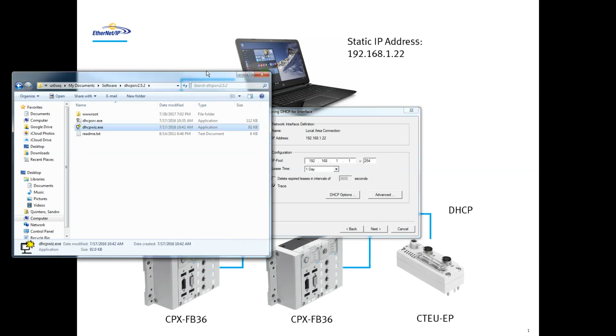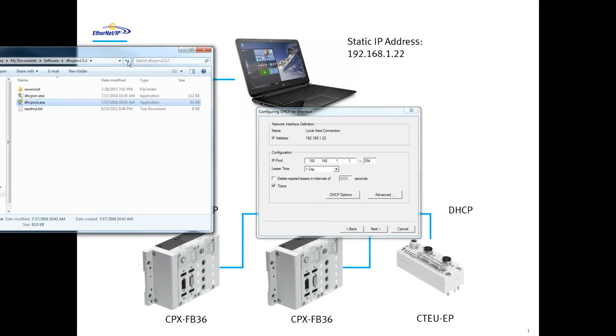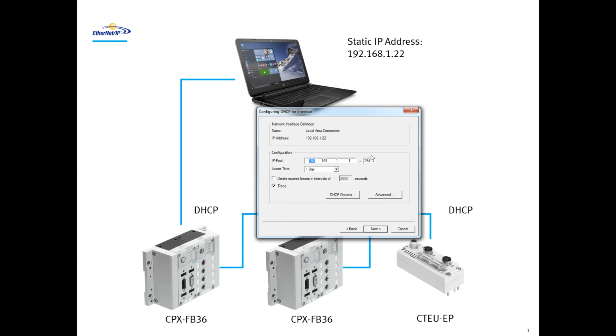If I leave this like that, it'll probably assign 1, 2, and 3, or randomly. But let's say that I want to be very specific and I want my devices to be from 100 to 105, for example. Release time, in this case, 1 day is fine.